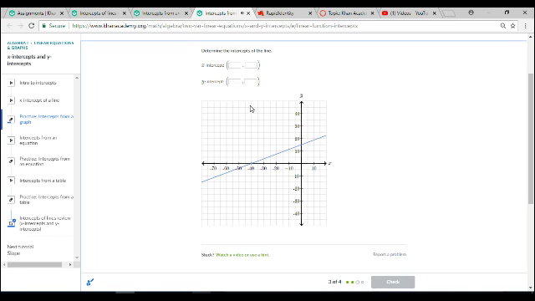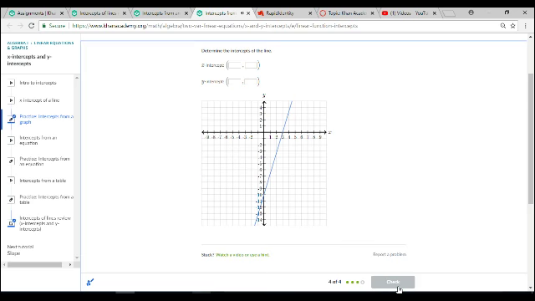Check. Excellent. Here the x-intercept is going to be negative 40 right there. Y value is 0, and the y-intercept is going to be, go to x equals 0, 0 and 15. Check that. Great.